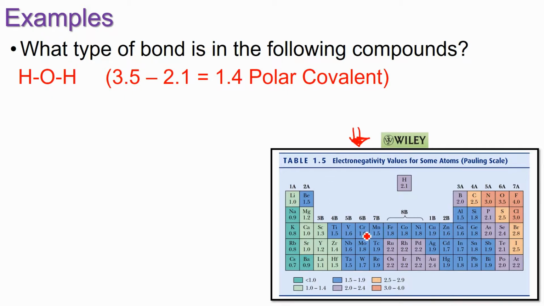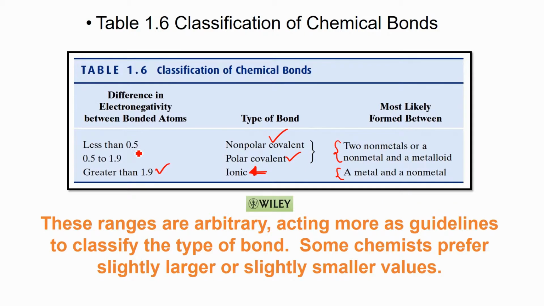You're simply lifting number values from the table, getting the difference, and then using this little chart here to answer. This chart is not provided in the exam. You have to memorize it. This is one of the few things you need to memorize in this class. Okay.